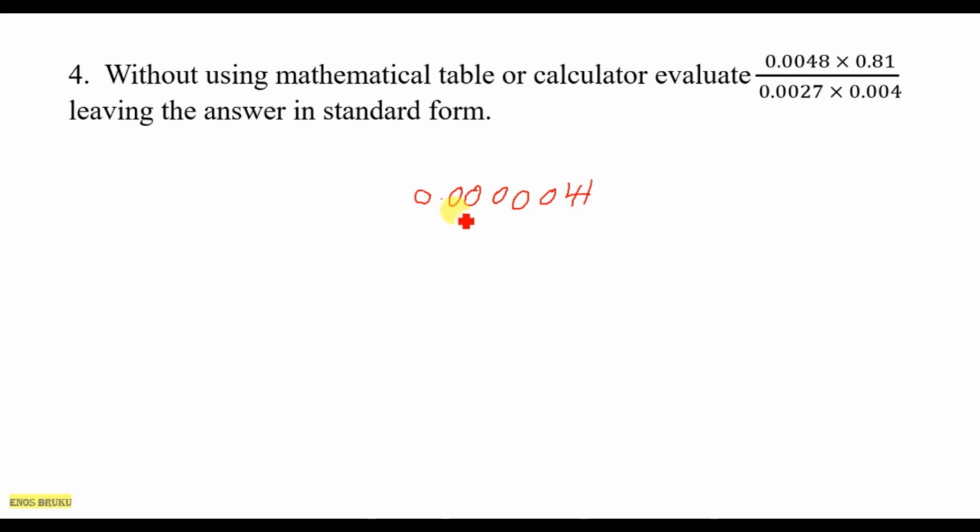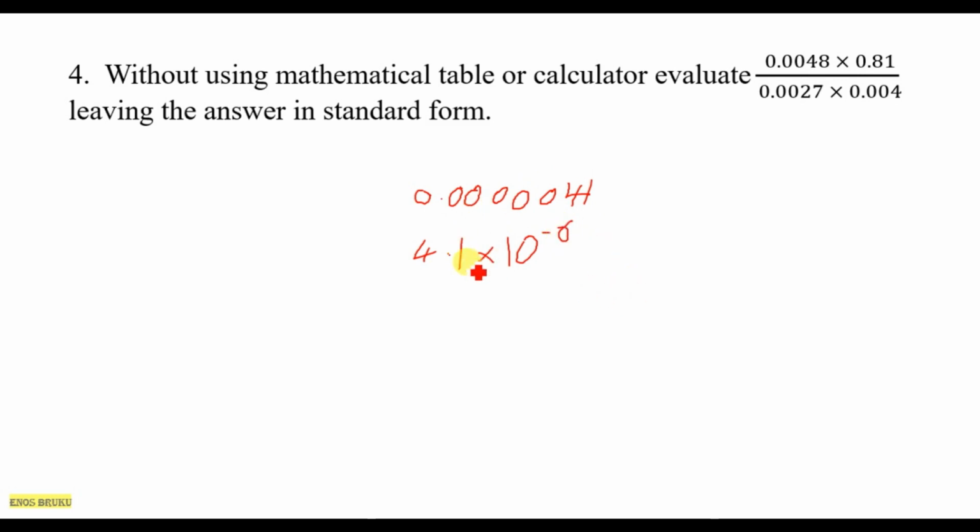So for instance, this 0.000041, we can rewrite it in the form 4.1 times 10 exponent negative 1, 2, 3, 4, 5, negative 5.